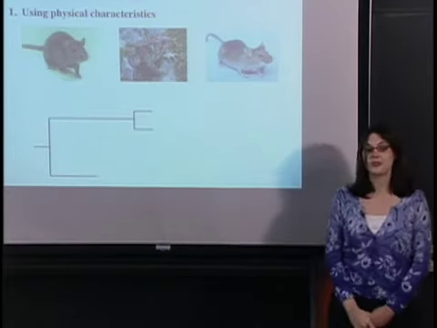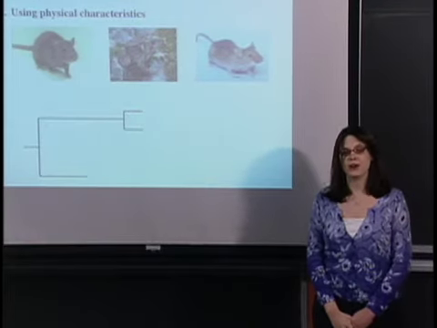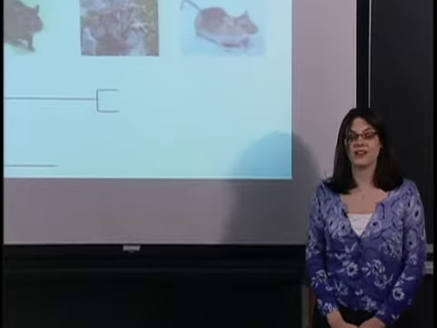I want you to write into this tree rat, mouse, and frog where you think that those organisms go. I'm going to give you a moment to draw down a blank copy of this tree and write in rat, frog, and mouse into the tree the way that you think that they're related. And then I'll see you in a moment to go over the answer.